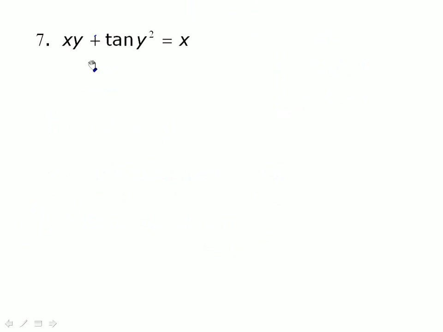So let's take a look at this question. Nothing outstanding happening with it except for the fact that it will be implicit differentiation and it will be the product rule. So we'll break that xy down. Derivative of x is 1 times y. So I'm not taking the product rule off to the side, just keeping it where it is, and then plus x times y prime.